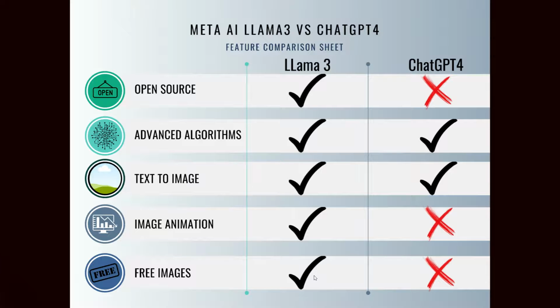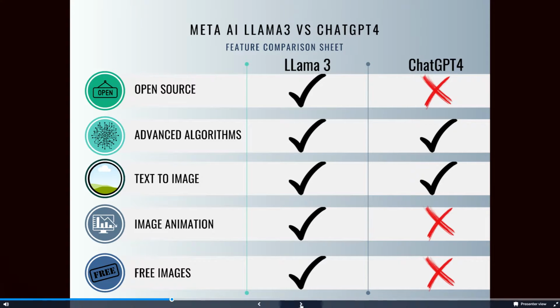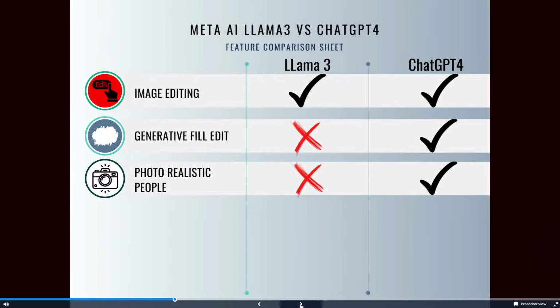Free images, Llama 3, once again, everything is free. And in ChatGPT 4, if you want images, you have to pay for GPT 4. It's not in GPT 3.5. So if you didn't pay for GPT 4, then you don't get DALL-E 3. You don't get images.